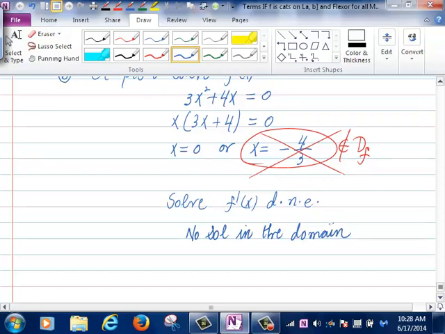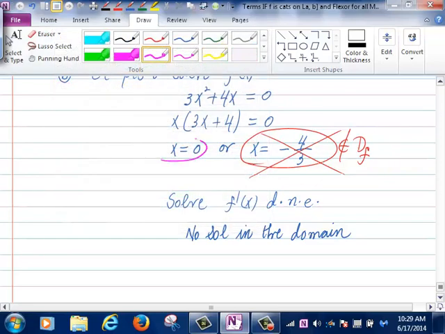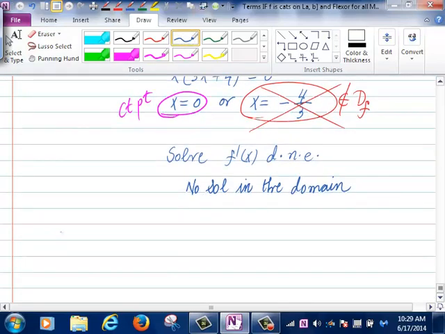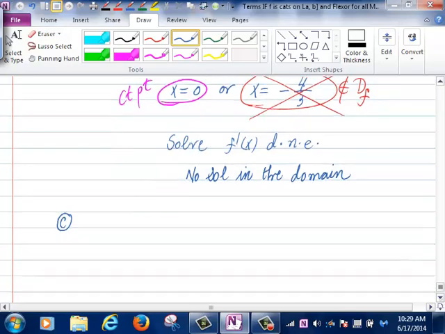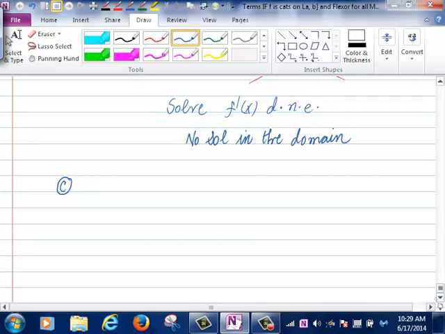Okay, so the only critical point we have then, let me highlight that with a magenta here. So this is the only critical point. Everybody's okay? All right, so now what's the third step for determining where the function is increasing and decreasing? I sketch where the derivative is positive and negative, right?